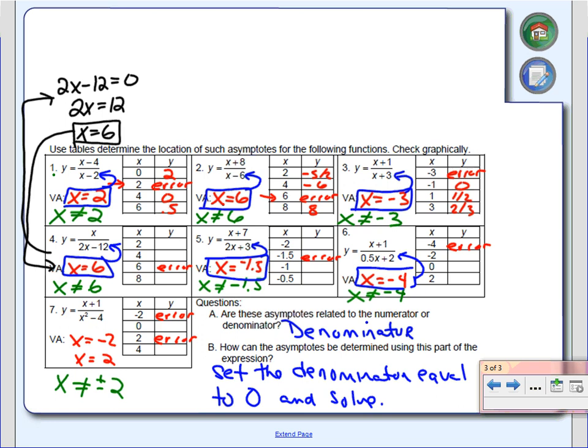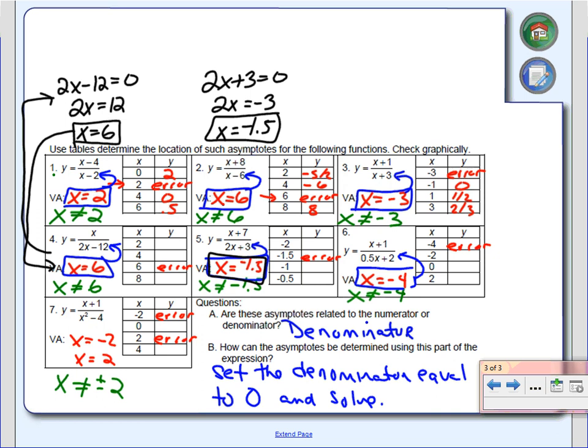Look at number 5. 2x plus 3. If I set that equal to 0, look what's going to happen. First, I subtract 3. So 0 minus 3 is negative 3. Then what? Divide by 2. And what's negative 3 divided by 2? It's negative 1.5. So notice it's the same thing I have right here.